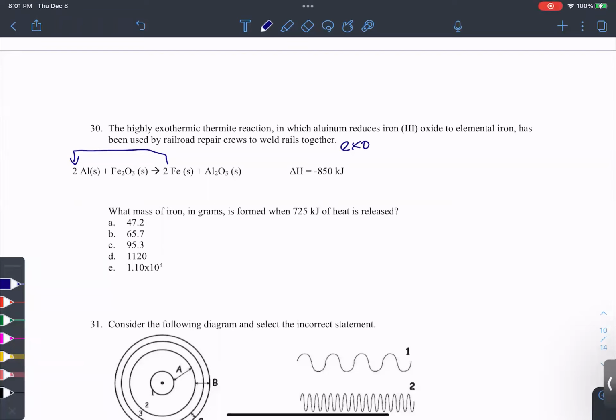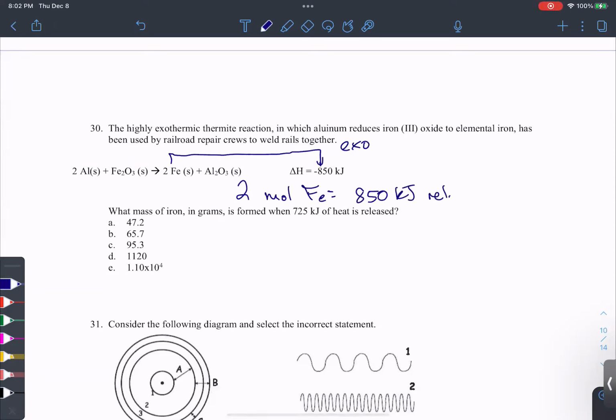All right, so the difference in chapter 5, where we talk about thermochemical equations, it's the same thing, but now involves energy. 2 moles of iron, if that forms, will release 850 kilojoules of energy. That's it. So we just have this new stoichiometry relationship. 2 moles of iron equals 850 kilojoules of energy released.